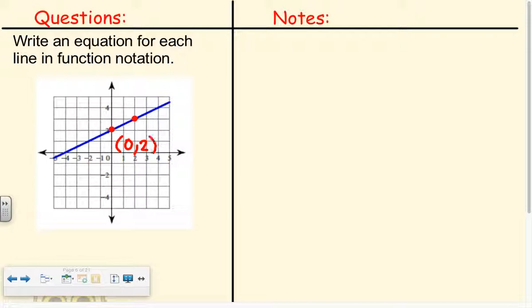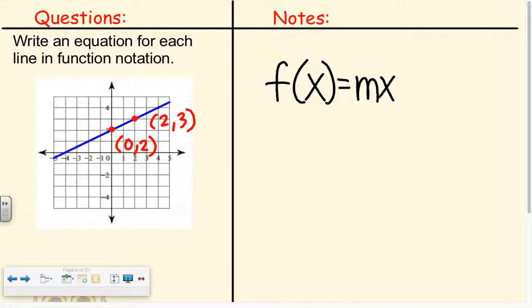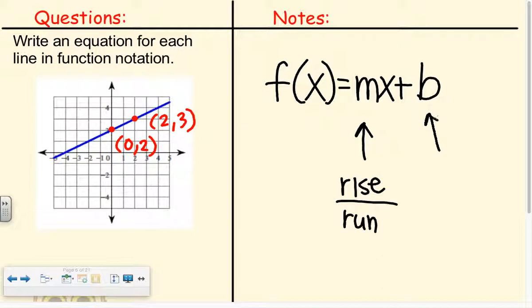Next we have 0, 2, and 2, 3. Where m is rise over run, and b is my y-intercept.